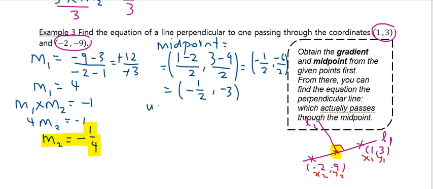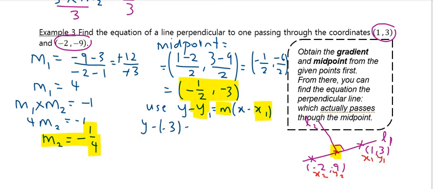Now use this formula again. y minus y1 equal to m bracket x minus x1, because you know your points, right? So y1, and then the m, and then x1, you know them. So y minus your y1, which is the midpoint, so negative 3, equal to your gradient, negative 1 quarter, bracket x minus negative half. So this is negative half, right?